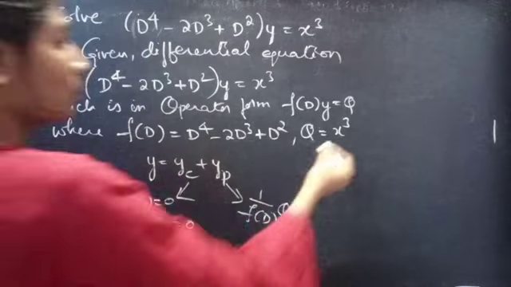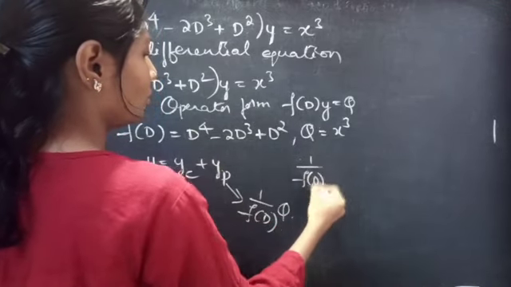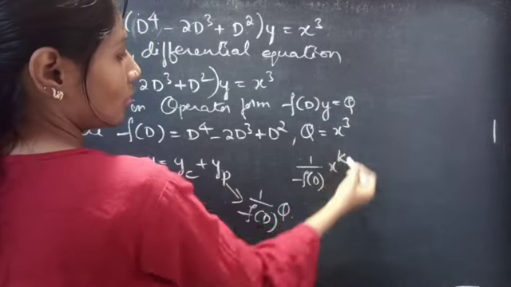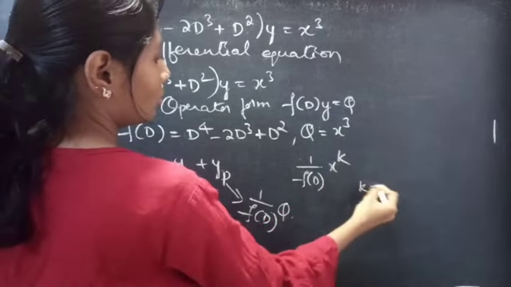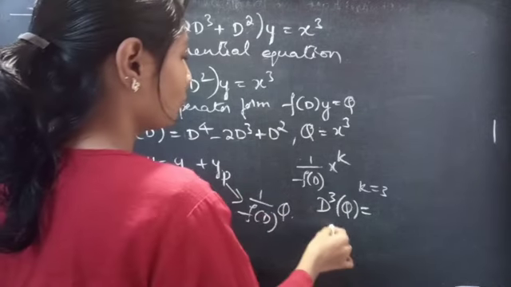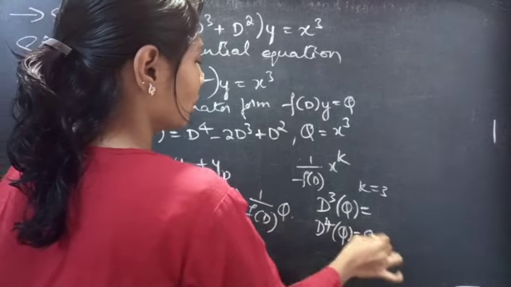Right? Here we have Q as x cube, right? Let's compare with x^k. For k equals 3, you'll get the values of Q while operating D's till D^3 of Q. And from D^4 of Q, you'll get 0.